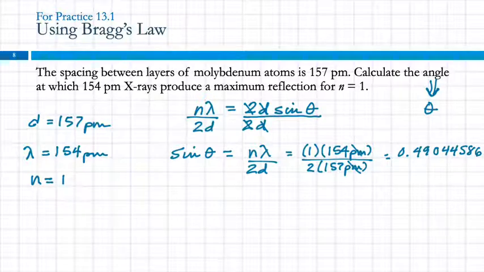It's always better to keep extra digits, especially when you're dealing with weird functions like logarithms and sine and inverse sine and things like that. The rules for sig figs become a little bit complicated there, and so it's just better to keep some extras. So what I've got here is that the sine of theta is equal to this number. How do I undo sine?